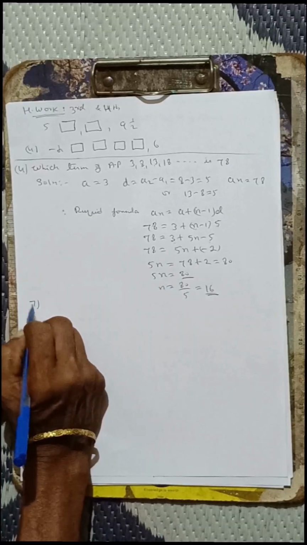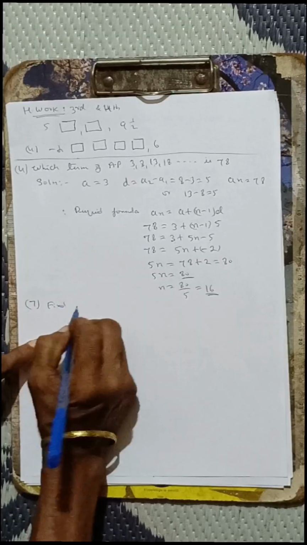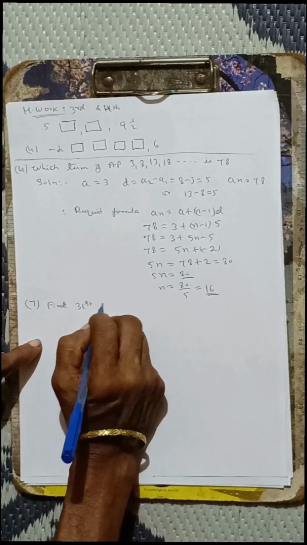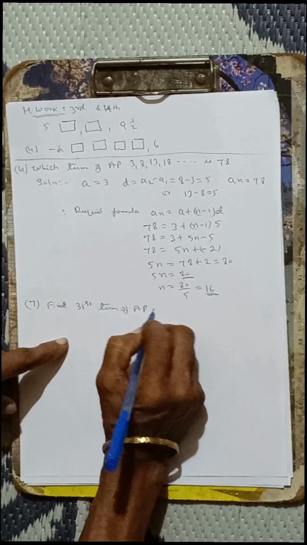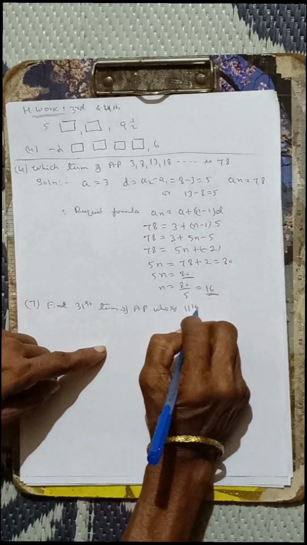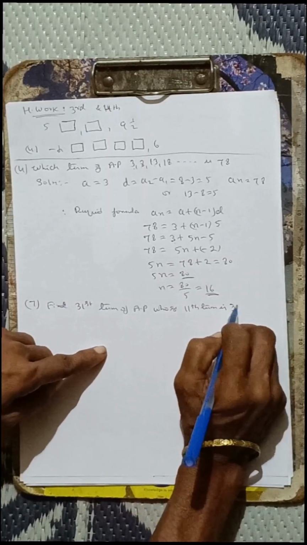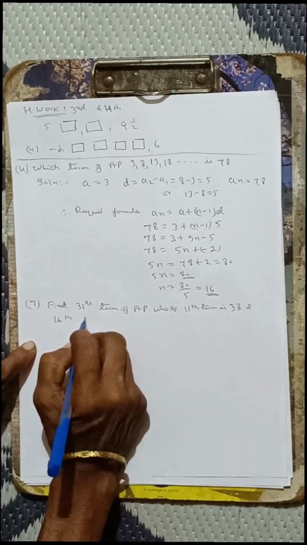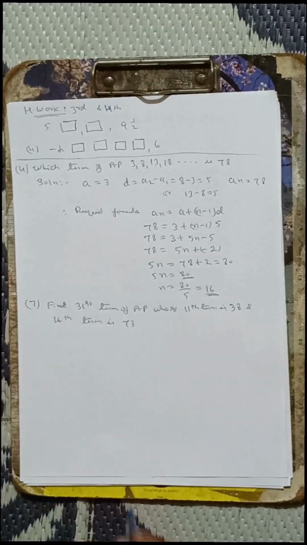Seventh question. Find the 31st term of an AP whose 11th term is 38 and 16th term is 73.